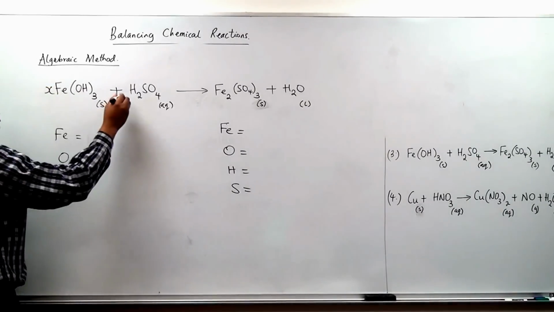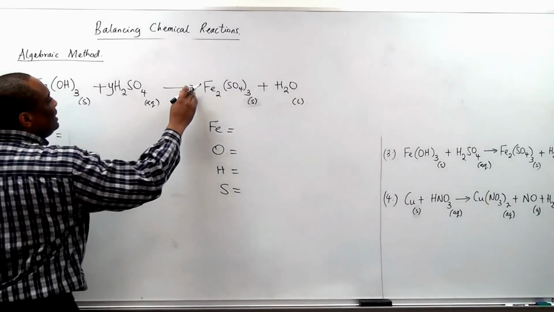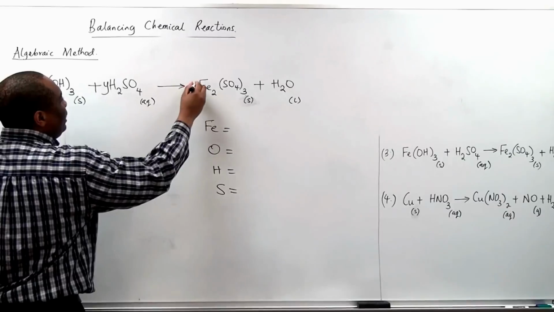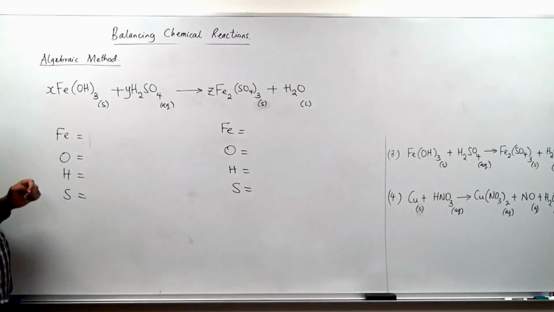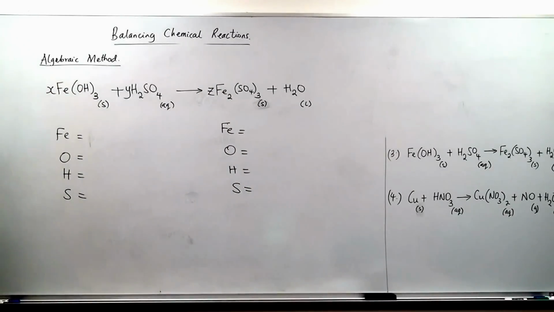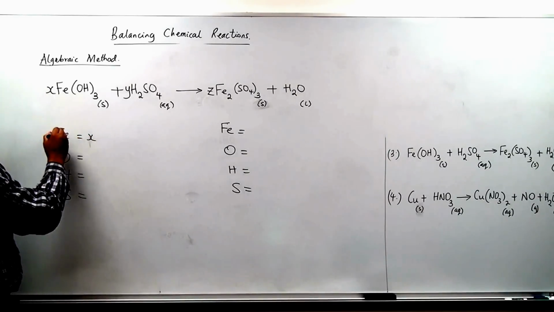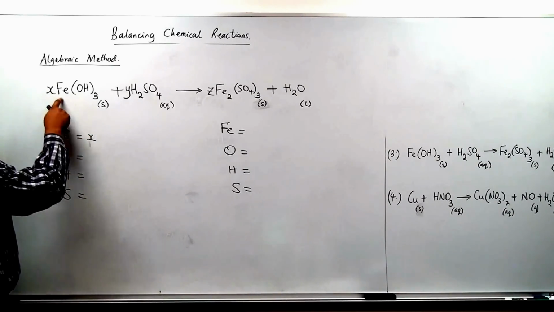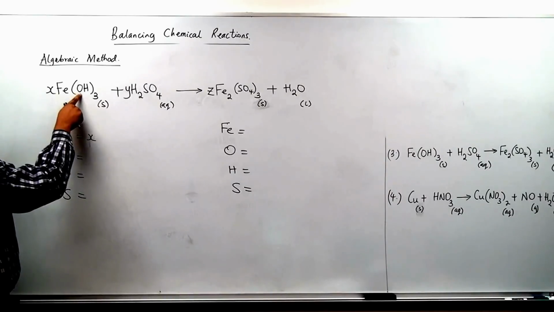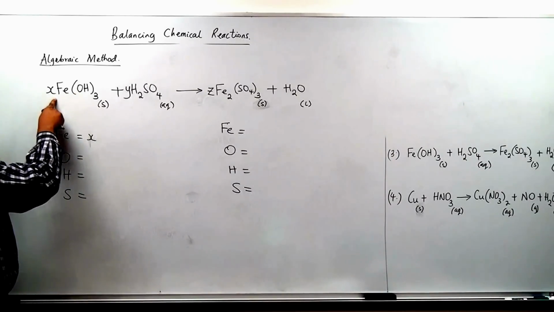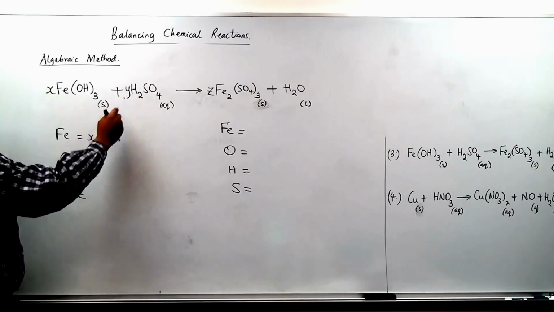Okay, this is X. Let's put X, Y, Z. Now you can use any variable you like, it must not be X, Y, Z. So iron here is X. Oxygen is 3X here, 3X here plus 4Y here.